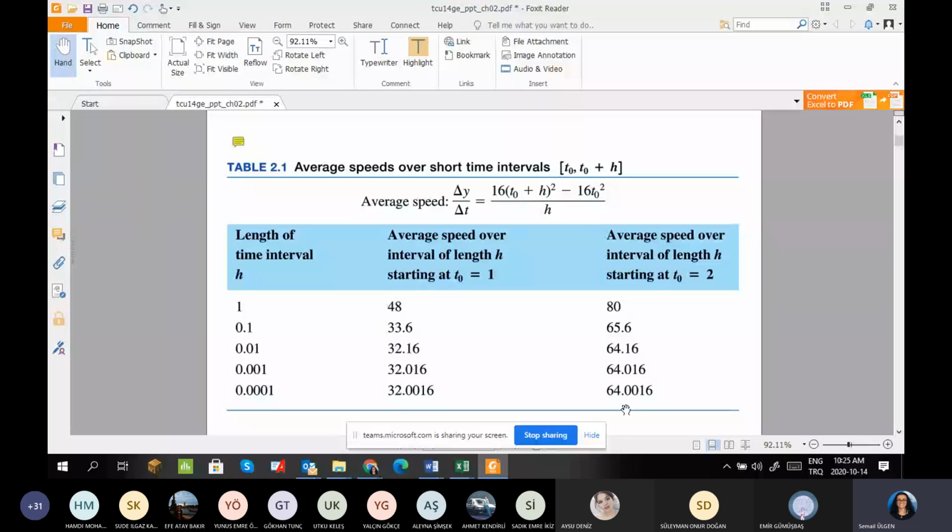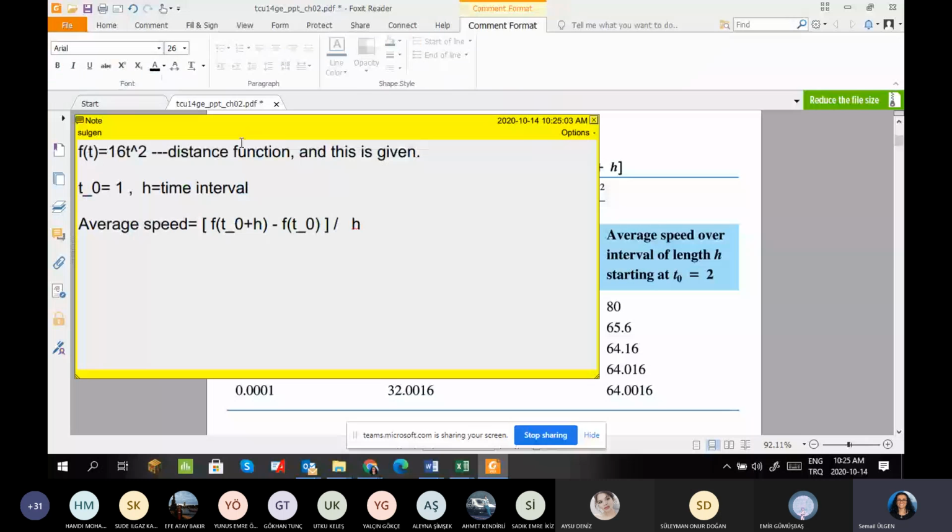So why do we build that? Let's consider this interval. I want to draw a line. You can consider this time interval like this. At the beginning we have the time t naught here, and then time passes, and we come to here, t naught plus h.